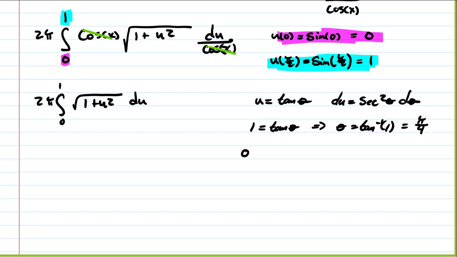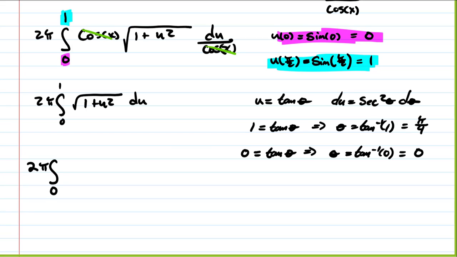Our lower limit of integration says 0 is equal to tangent theta. So theta is equal to the inverse tangent of 0, and the inverse tangent of 0 is 0. So now we have 2 pi times the integral.